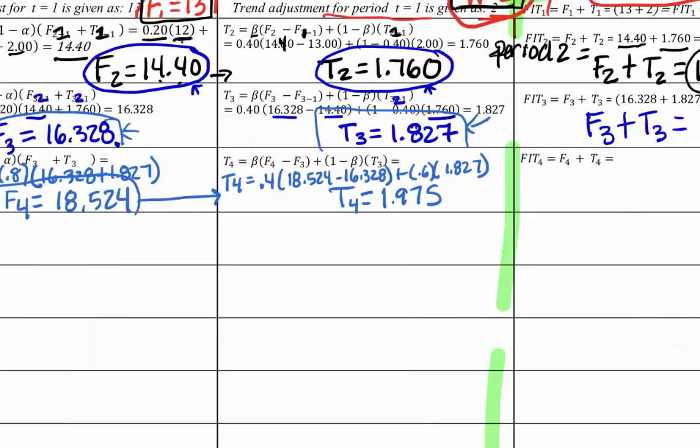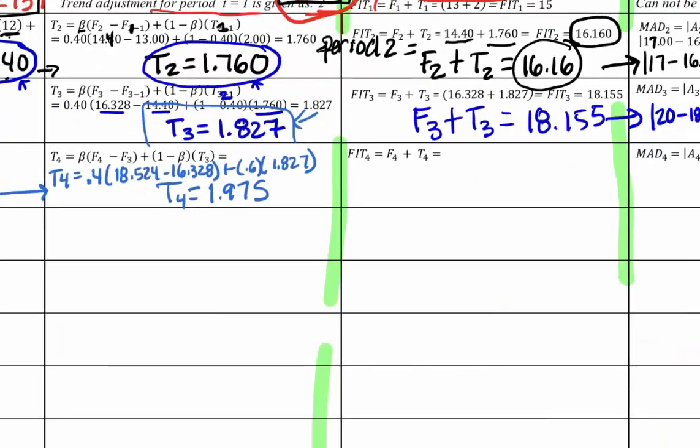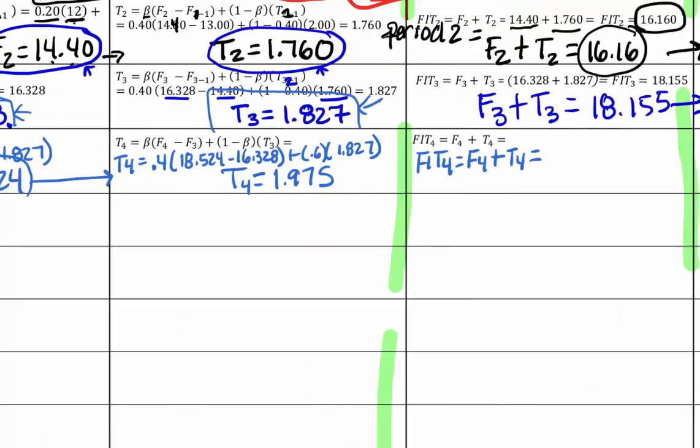Then we go right over here and calculate our fit, which is what we're after, all right? So we have to do fit of 4 will equal our f of 4 plus t of 4, which is 18.524 plus 1.975, which will equal 20.499.